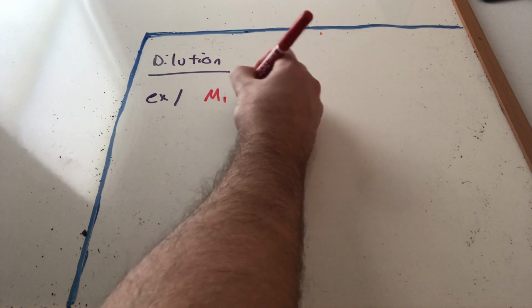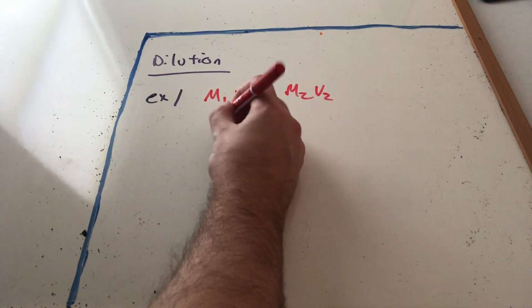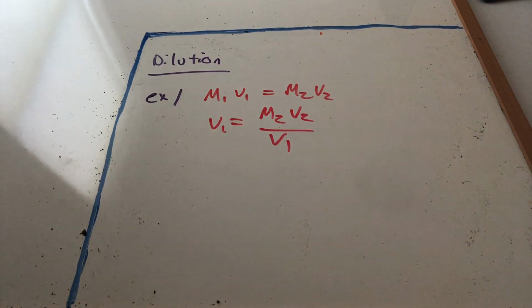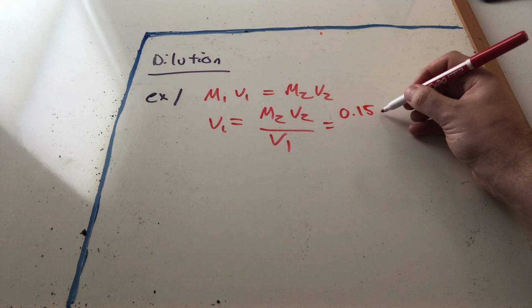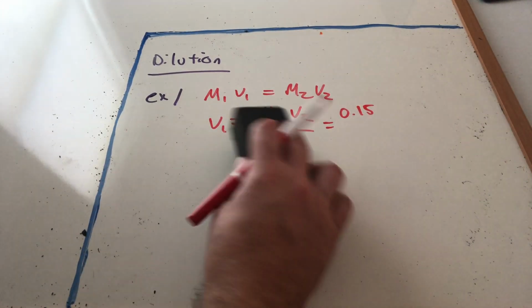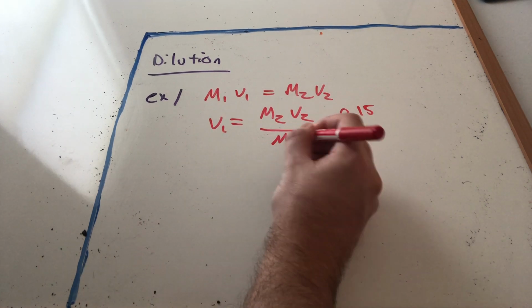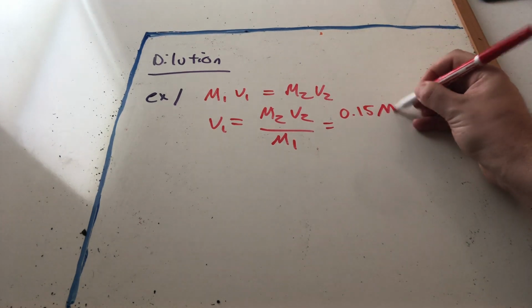Remind you, M1V1 equals M2V2. Remember, we're trying to solve for V1, so let's just do that algebraically. To solve this algebraically, I'm going to divide both sides by M1. So V1 equals M2V2 over M1. If I look at my labels that I had before and my understanding of the problem, M2 was labeled as 0.15 molar.